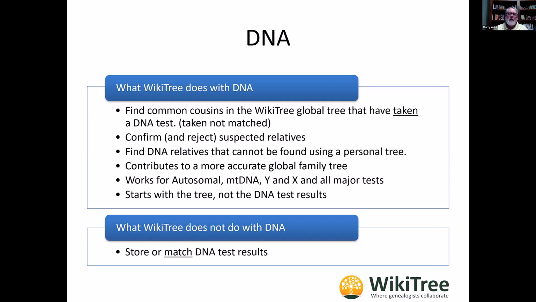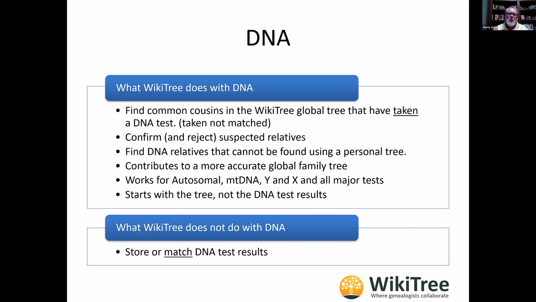I'll show you an example on the next screen where I've got 5 or 6 cousins that have taken DNA tests on a particular line of an ancestor. But this is just a test taken. There's no matching. It doesn't do what a lot of the other websites do. It's not going to tell you that you got a 50 centimorgan match or anything like that.